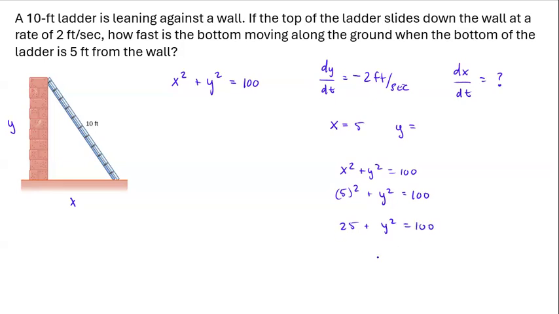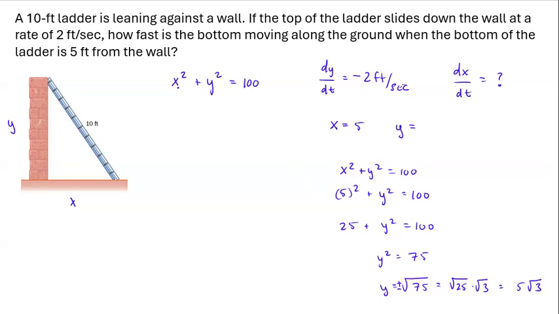If we subtract the 25 from both sides, then y squared will be 75, which means that y is the square root of 75, technically the positive or negative square root of 75. And we can rewrite this as radical 25 times radical 3, which will simplify to 5 radical 3. And we'll use the positive value since that's representing the distance from the ground up to the top of the ladder.